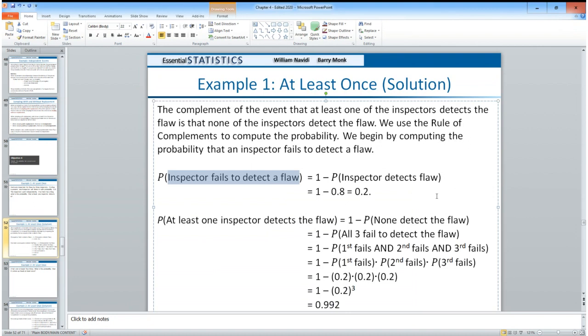All three means that the first inspector fails to detect it, and the second inspector fails to detect it, and the third also fails to detect it. So the "and" means we multiply. That's what they're saying here in this third row, because at least once is failing to detect on all three. So that's 0.2 times 0.2 times 0.2, which they show you as 0.2 cubed.